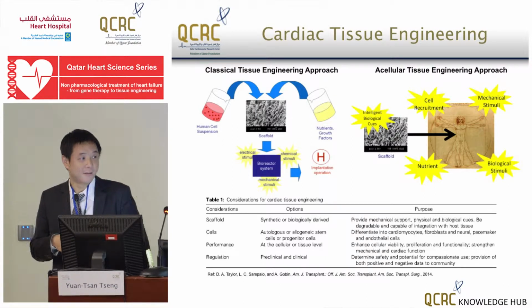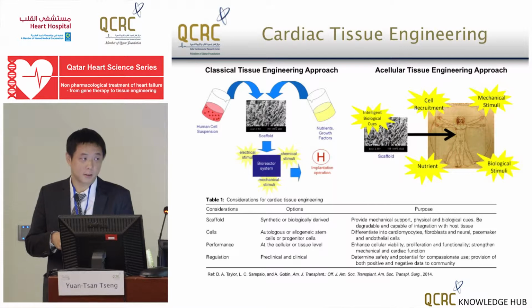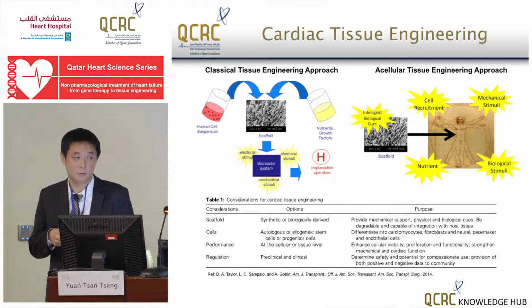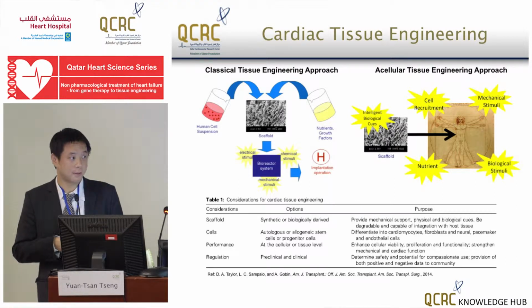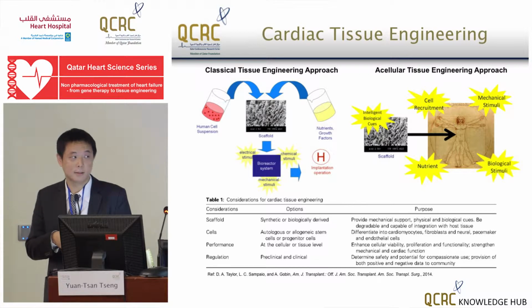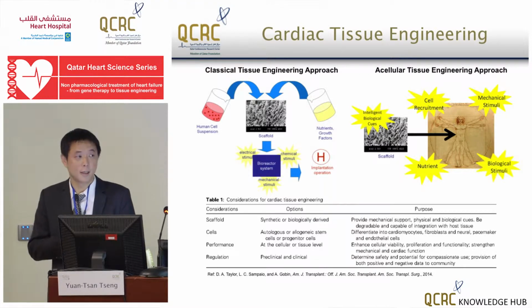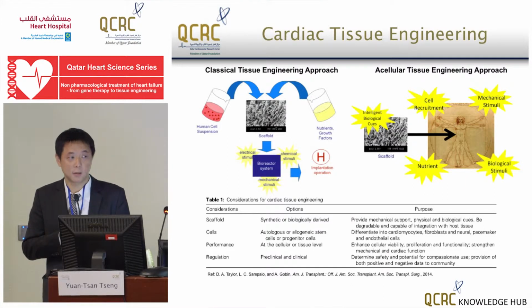So the stem cells, autologous or progenitors or iPS, are considered as appropriate cell sources, or we have to decide which one we want to use. Obviously the scaffold performance, both at the cellular and tissue level, is important, so we have to make sure these scaffolds support viability, proliferation, and also function, such as support for cardiac function and mechanical function in terms of the valves.